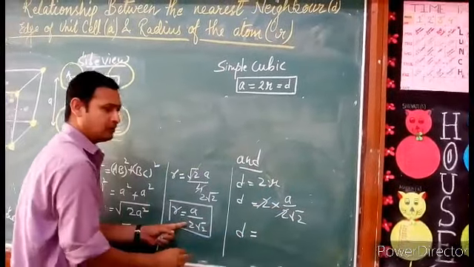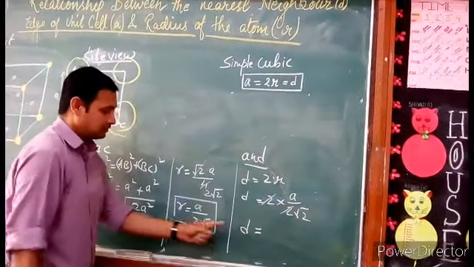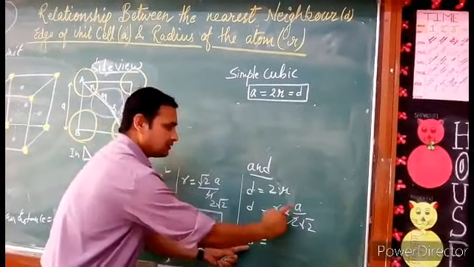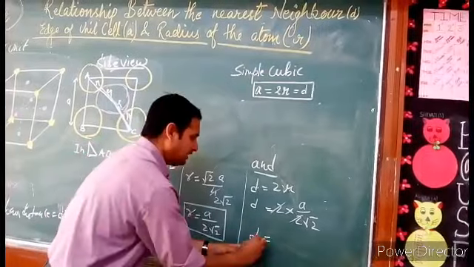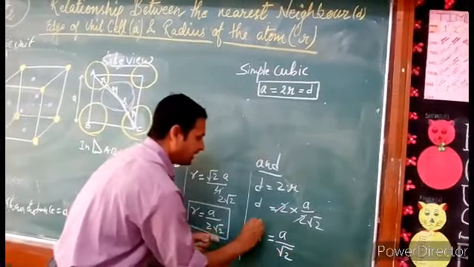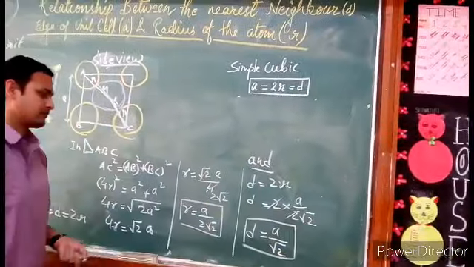The relationship between the distance of closest approach and the edge comes to be D is equal to A by root 2 for FCC.